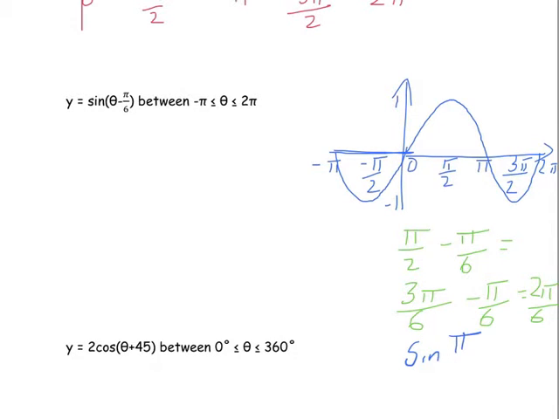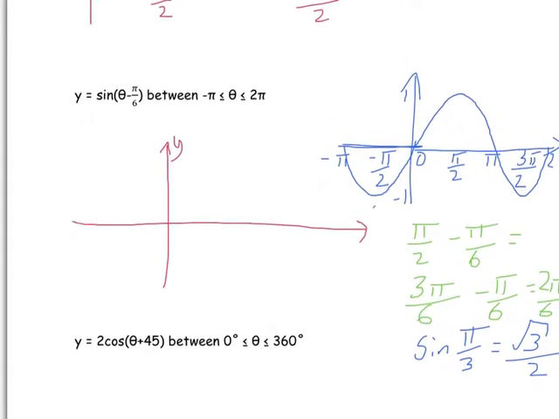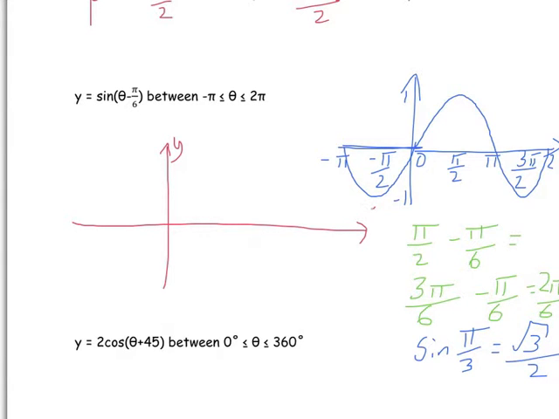Now, when we come to sketch this, we need to bear this in mind. So let's draw our axes. So here we go, y and theta. Okay, let's put in our values, of course, for theta. So minus pi over 2, 0, pi over 2, pi, 3 pi over 2 and 2 pi.